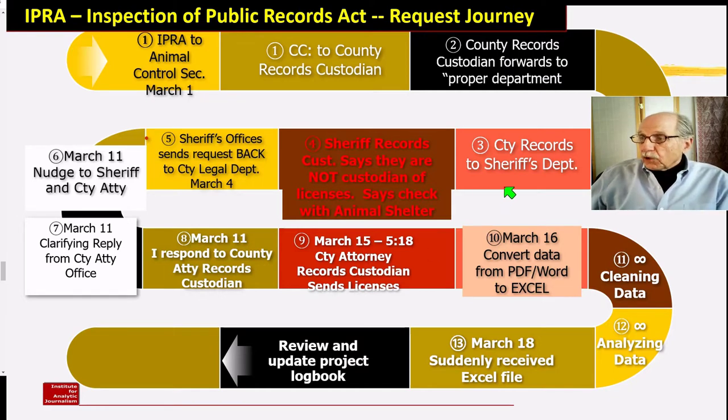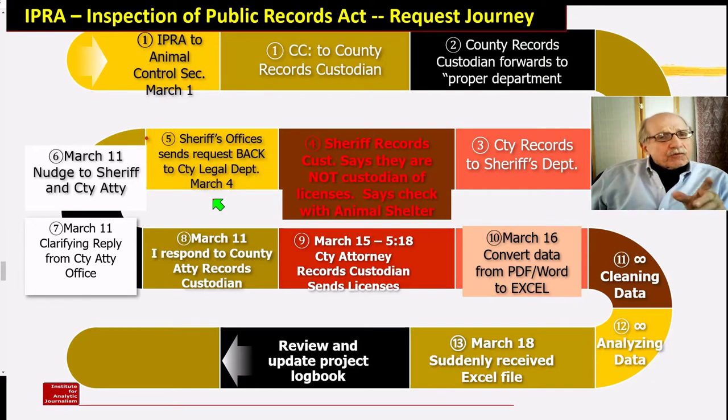Who knows what that was, which turned out to be, in her interpretation, the sheriff's department. The sheriff's department, within a day or two, quickly says, no, they're not the right people. Send it back to the animal shelter. So the sheriff's department also, though, sent my request to the county legal department.